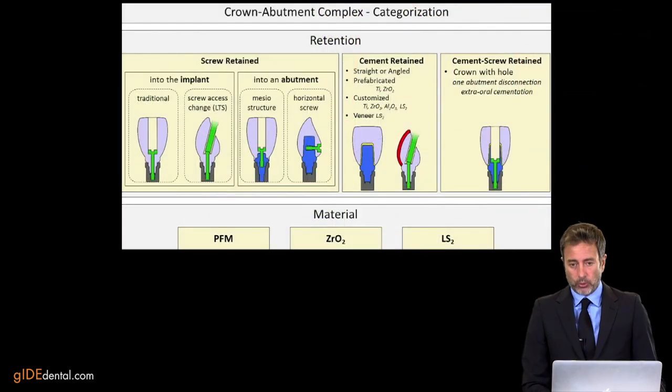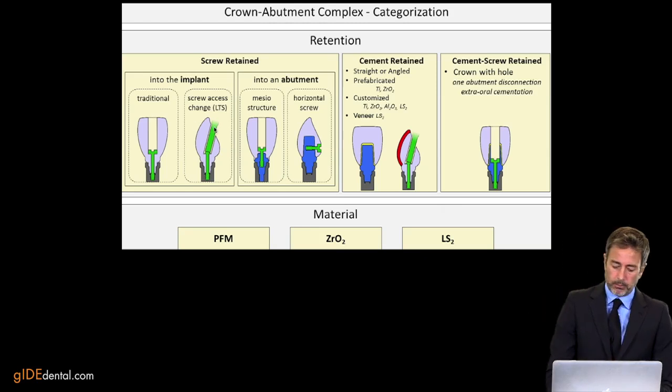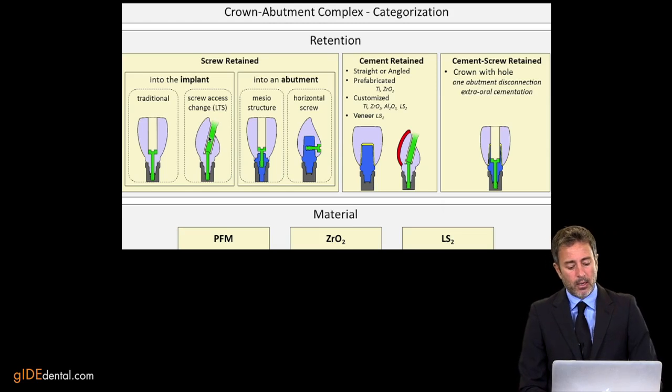So how many solutions do we have for the crown abutment complex? We have categorized the possibilities. We can have a screw retained restoration, traditionally at the implant level, like you can see here in this diagram, or we can have a screw access hole which is slightly changed by approximately 10 to 12 degrees, which means that we can still screw the abutment or the crown at the implant level with a slight inclination.